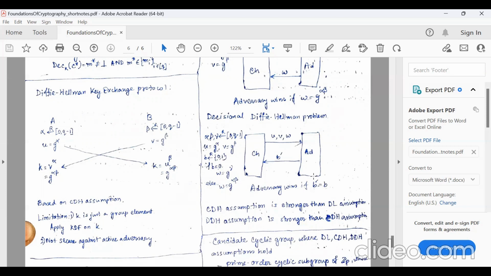And similarly, if you are able to solve the discrete log problem, then you will obviously be able to solve the CDH problem easily. So the CDH problem is probably comparatively easier than the discrete log problem, and the CDH assumption is a stronger assumption than the discrete log assumption.